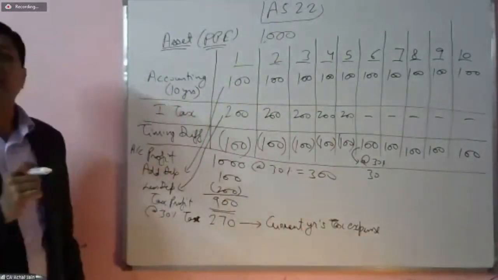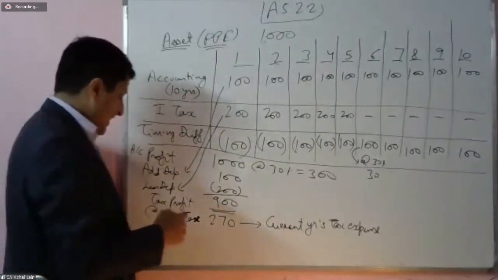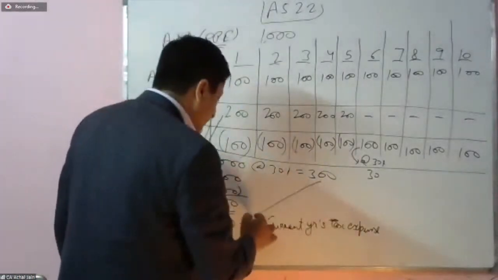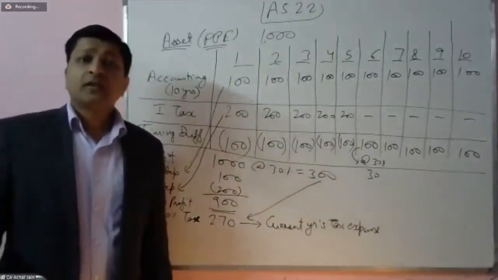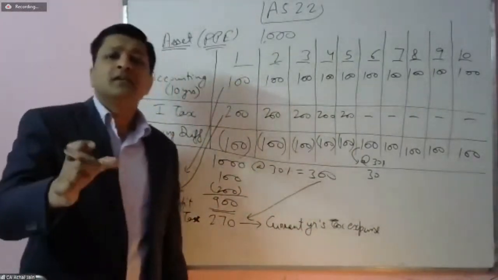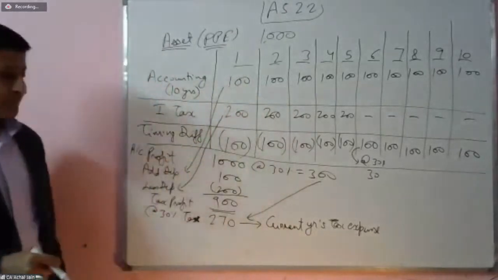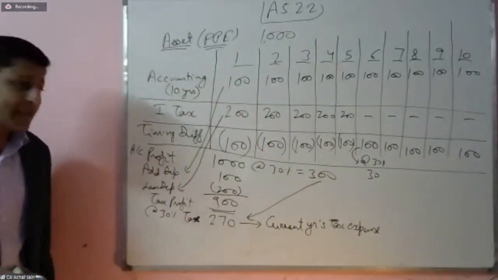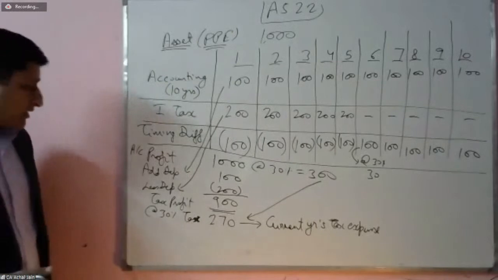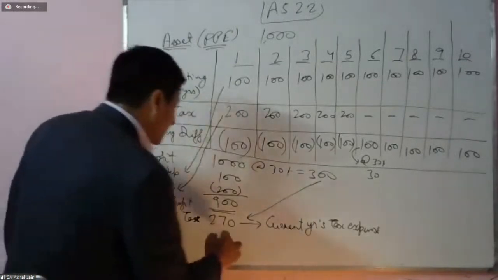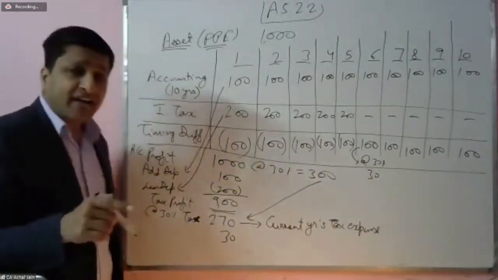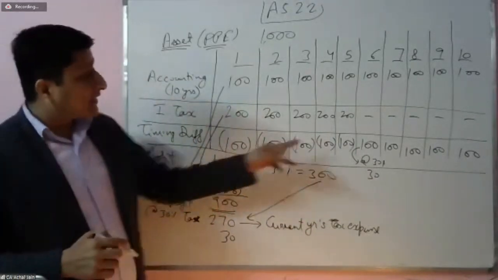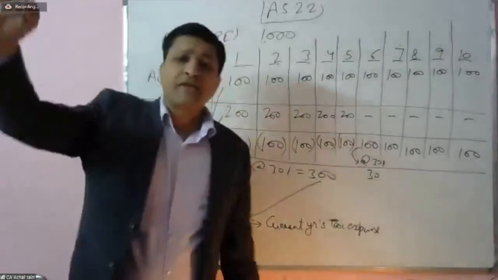But because we are required to compute tax as per the taxable profits, what is the consequence? We ended up paying lower tax. What is this lower tax that we are not paying? 30.